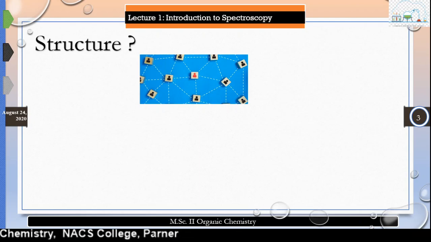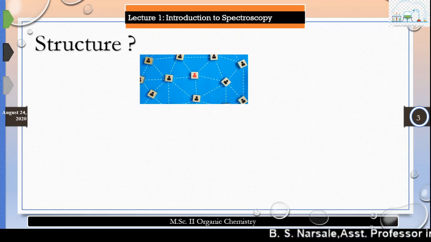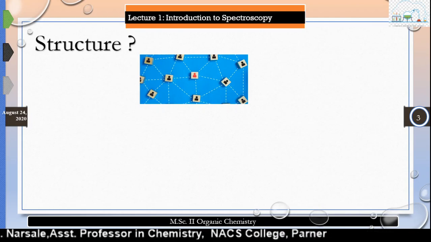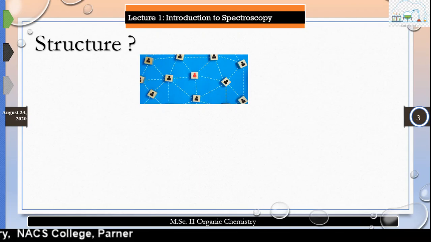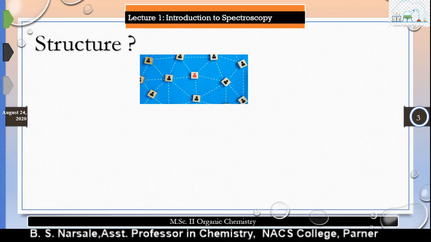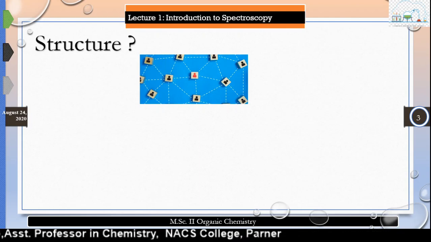But if you feel so, the number of different compounds you are using in day-to-day life each have a specific structure, and you have to look at which compound is used for which purpose, and according to that structure the effect of the compound will be observed for that activity.